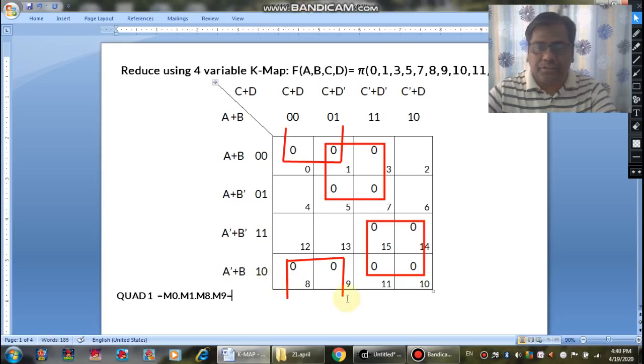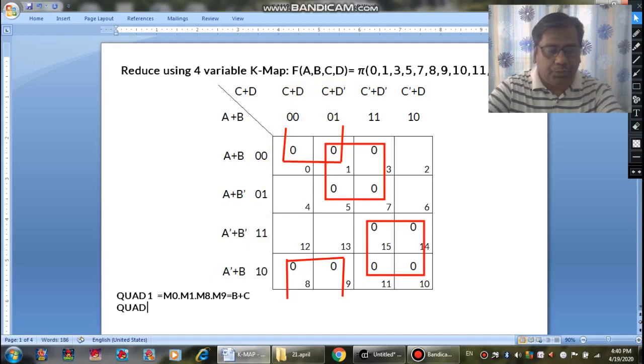The answer for this quad will be, from the left hand side, A bar plus B, A plus B. A is changing, B is same. That means we will consider B plus. From the top, C is same, D is changing. That means we will be considering C.